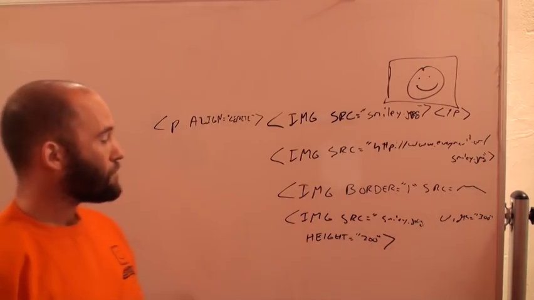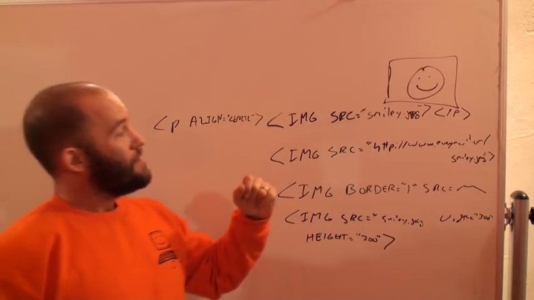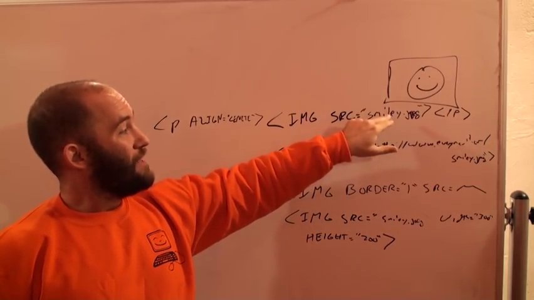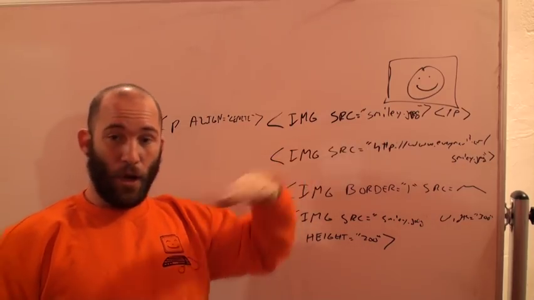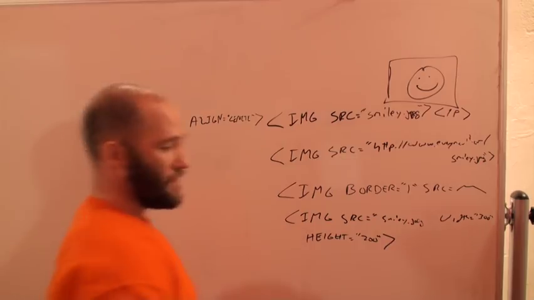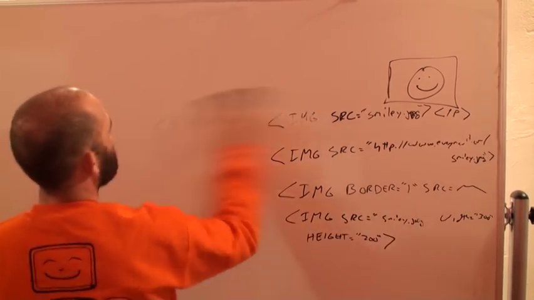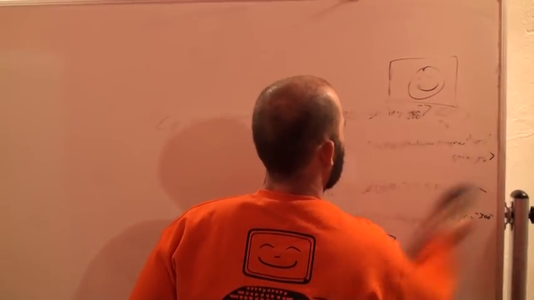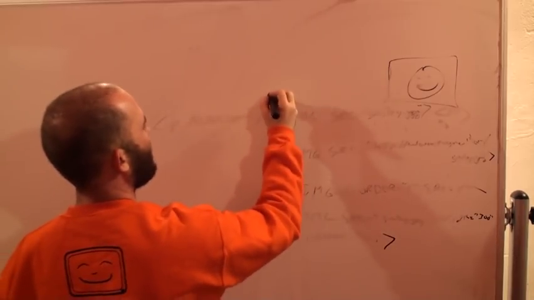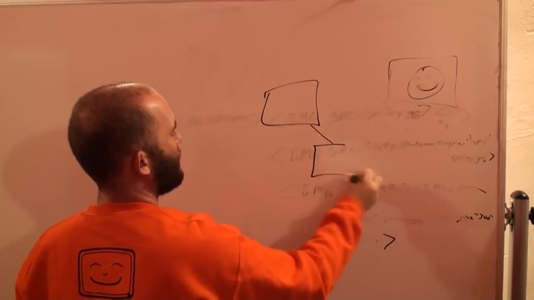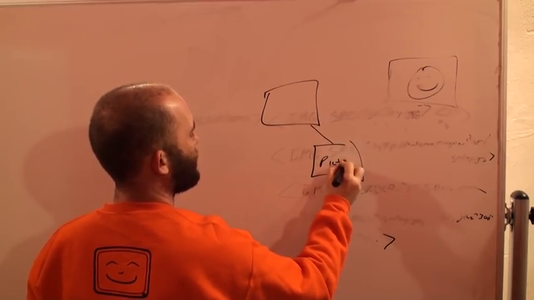That's how that works. Now, let's say the smiley JPEG is in a folder that's lower than the current folder you're in. So let's say you're in this folder right here, and you have a pictures folder.